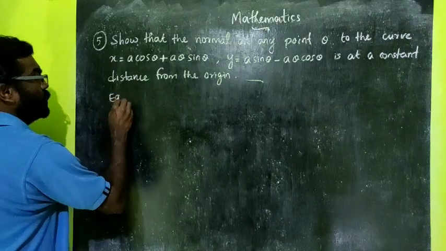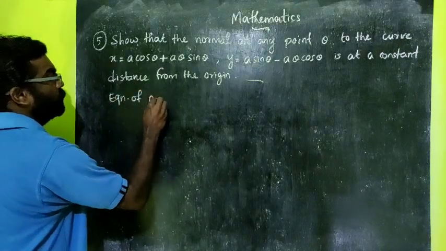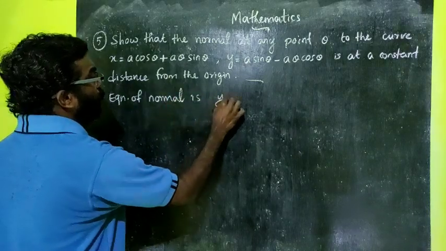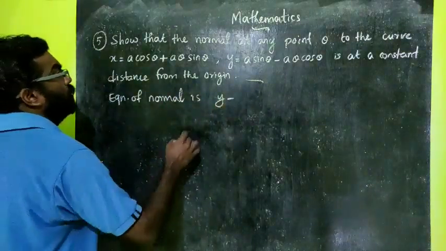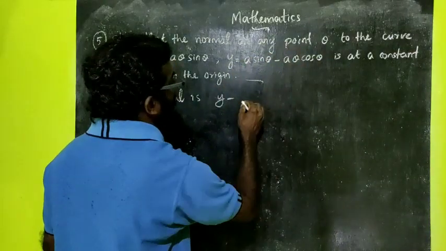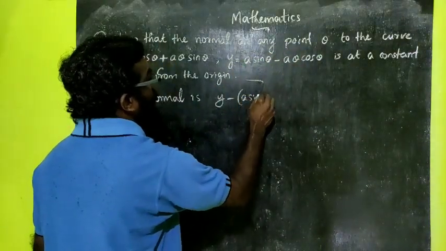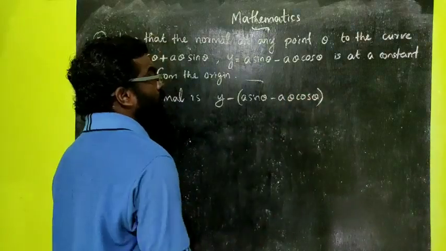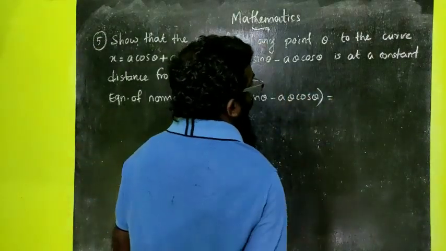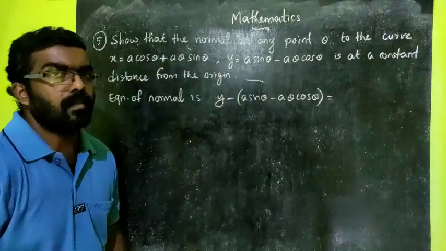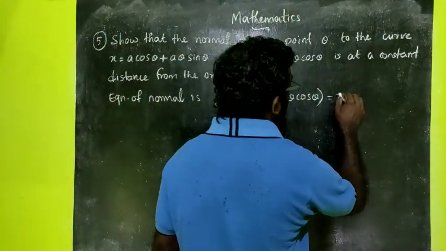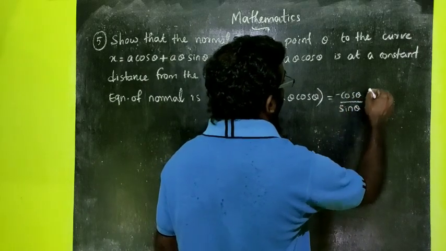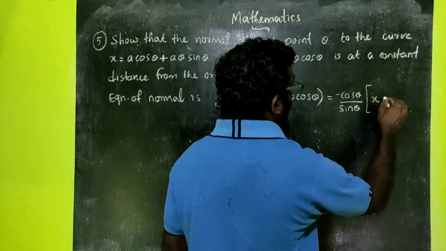So here the equation of normal is y minus y0. You have to write this value A sin theta minus A theta cos theta, which is equal to the slope of the normal. We found it as minus cos theta divided by sin theta into x minus x0.